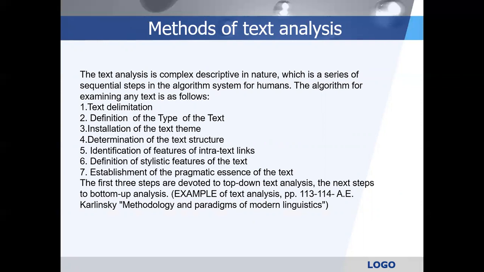The algorithm for examining any text is as follows: text delimitation, definition of the type of the text, installation of the text theme, determination of the text structure, identification of features of input-text themes, definition of stylistic features of the text, establishment of the pragmatic essence of the text.